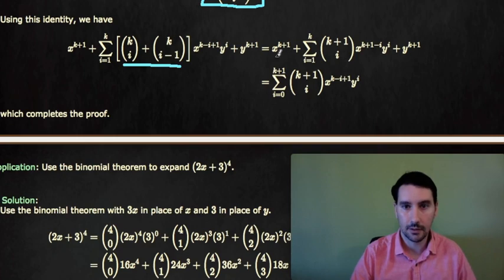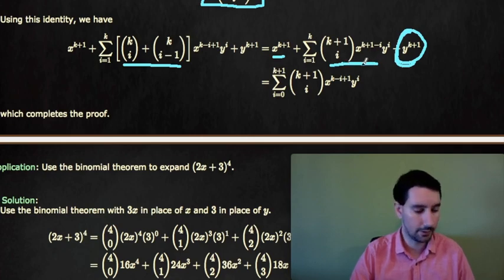And this would be x to the k plus 1 plus the sum from 1 to k of k plus 1 choose I, x to the k plus 1 minus I, y to the I, plus y to the k plus 1. Now this is just the 0th term if we plug in 0 into this middle summation. And this would be the k plus first term if we plug in k plus 1 into the summation.